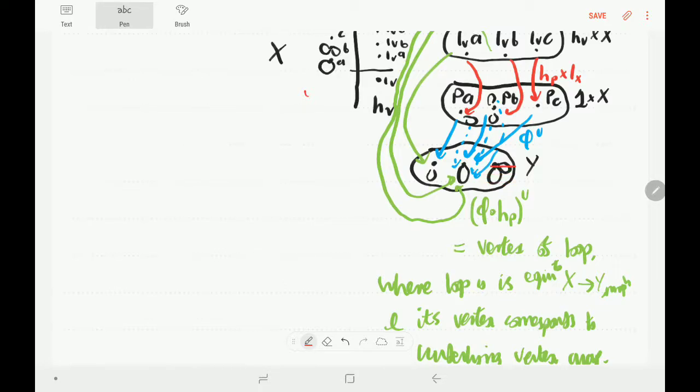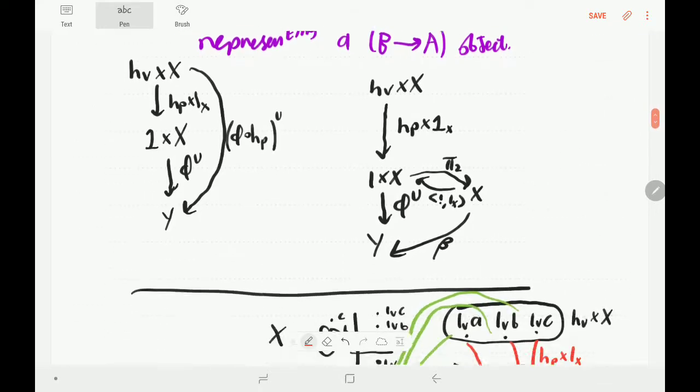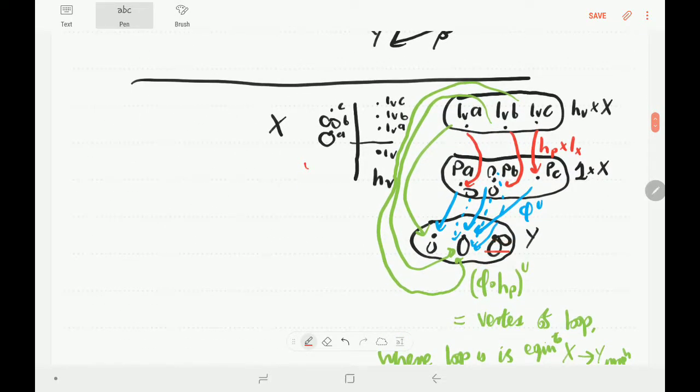I mean, every loop just has one dot. And the answer is quite simple. Every loop corresponds to a morphism from x to y, and if we just look at how that morphism works on vertices, that corresponds to the kind of vertex map that the dot corresponds to.